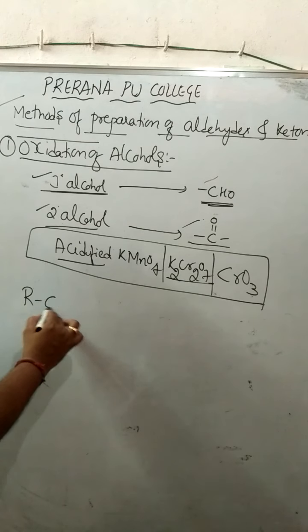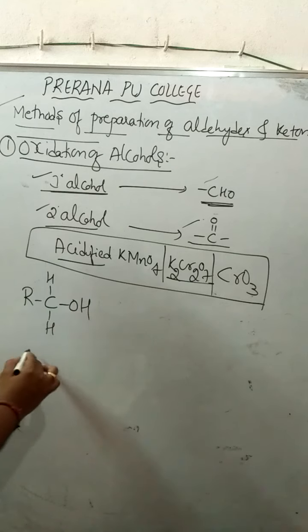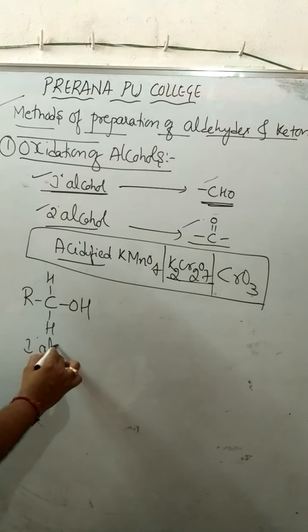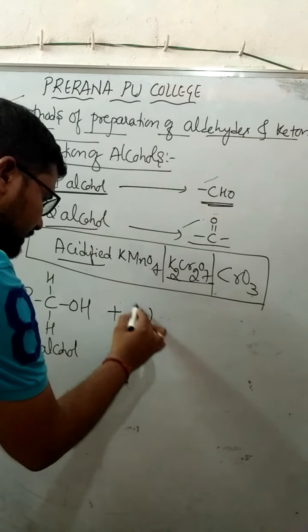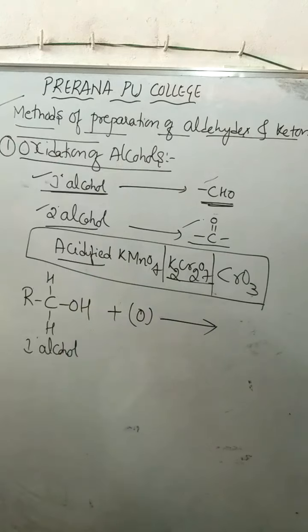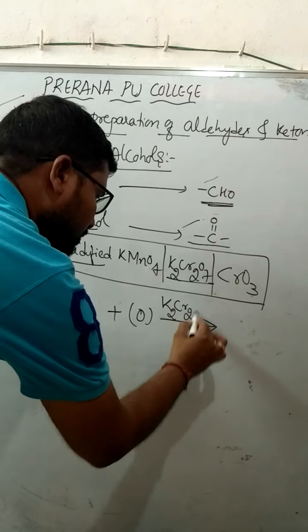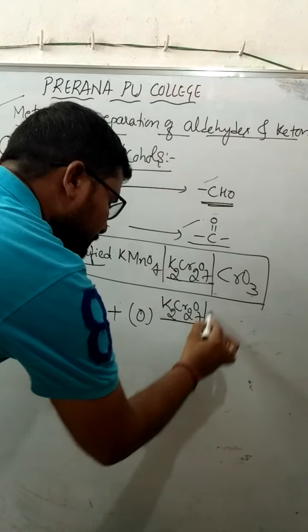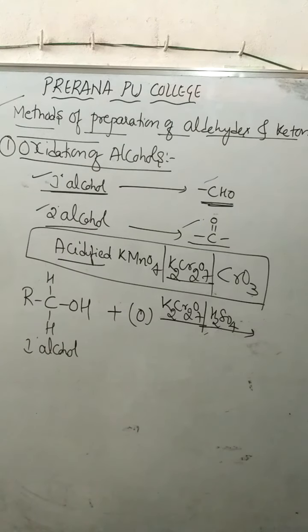For example, if I take a primary alcohol, that is RCH2OH, this is nothing but a 1 degree alcohol or a primary alcohol. When this primary alcohol is subjected to oxidation in the presence of acidified K2Cr2O7, that is in the presence of sulfuric acid, the question arises how the reaction takes place.